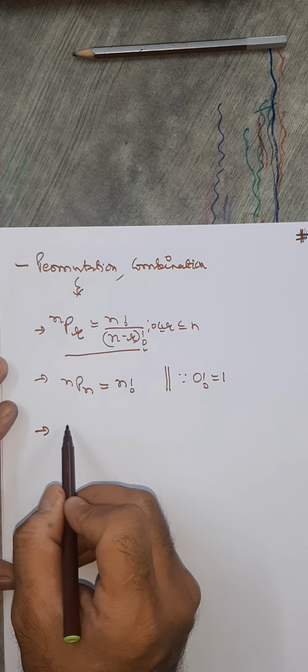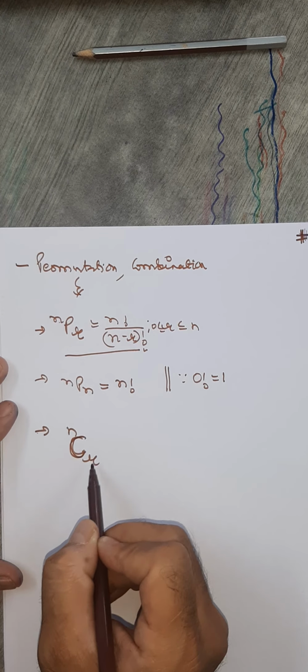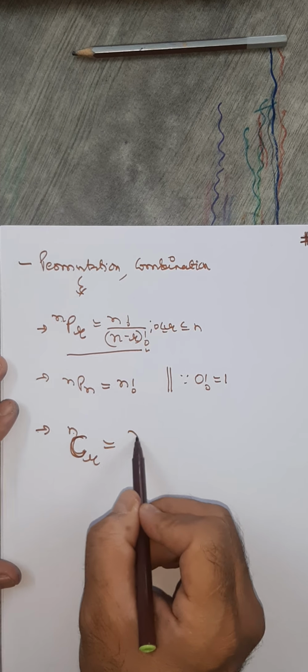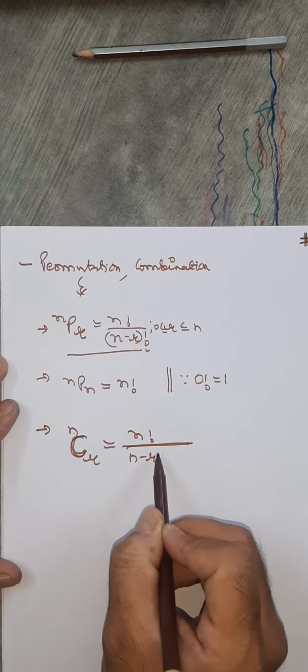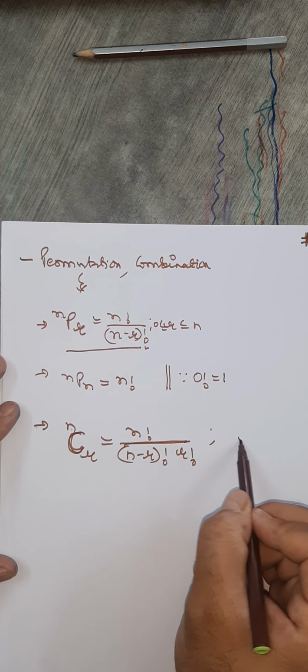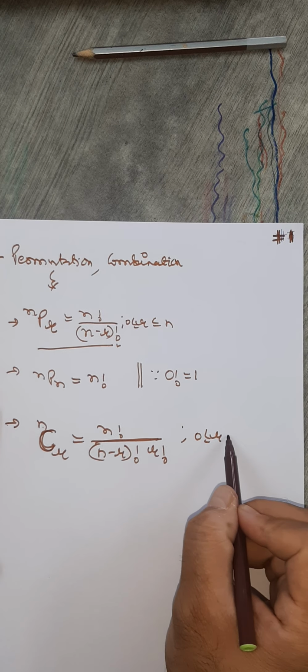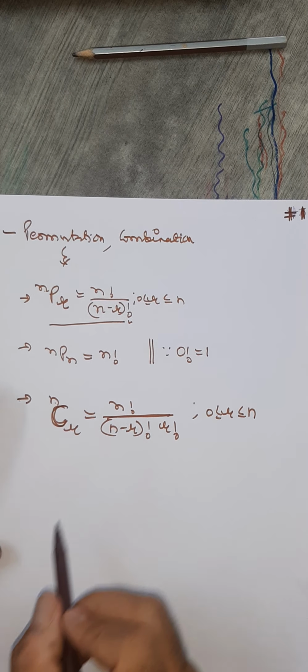Then as far as combination is concerned, this is the total number of combinations of n objects taking r at a time, which is given by n factorial upon (n minus r) factorial into r factorial. Right? That we have discussed. Here r can be 0 and it is less than or equal to n. nCr.